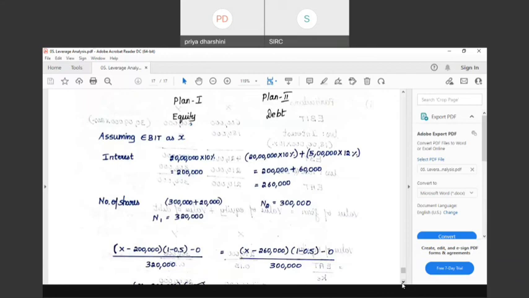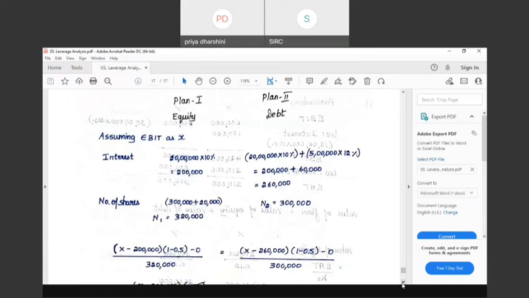Here, they are asking us for the indifference level of EBIT. What does it mean then? It means that irrespective of plan 1 or plan 2 of expansion, how much money they want for expansion? They want 5 lakhs as additional capital, for which they have two plans. One is to raise in the form of equity shares and the other in the form of debentures.